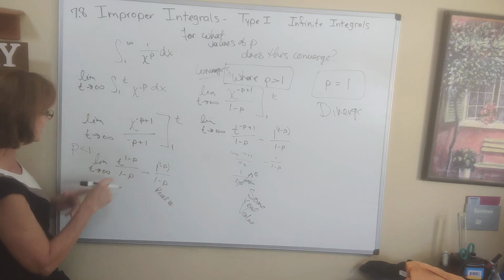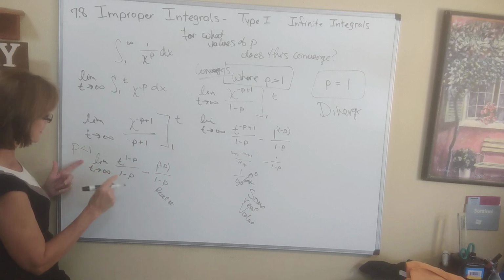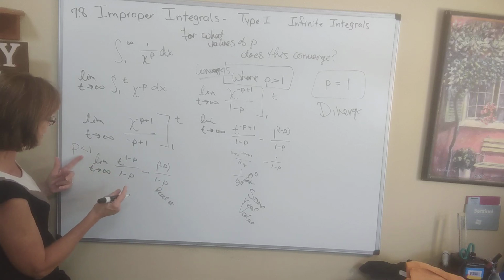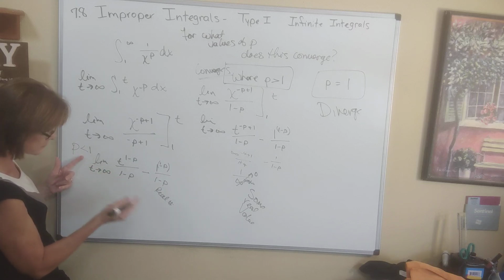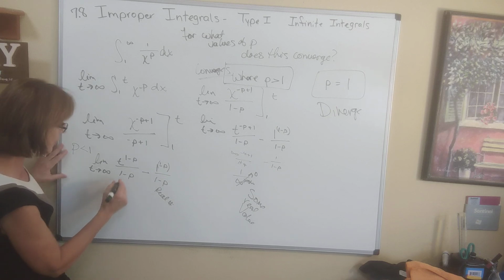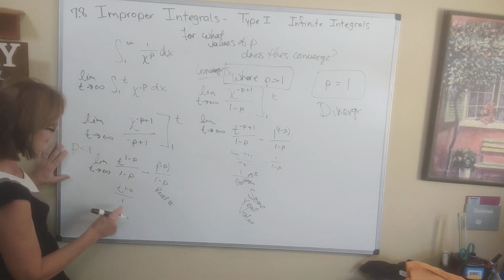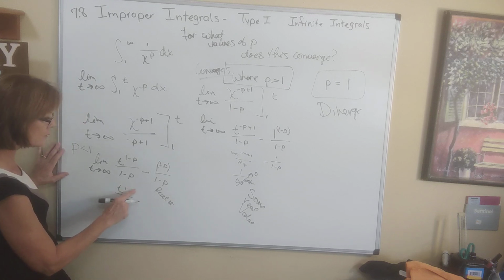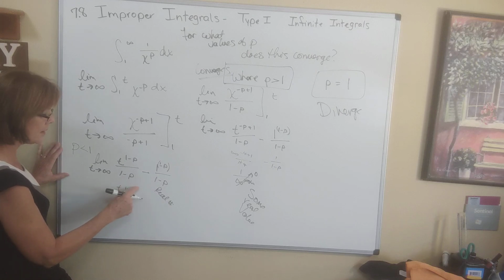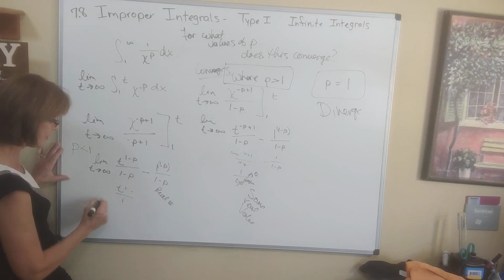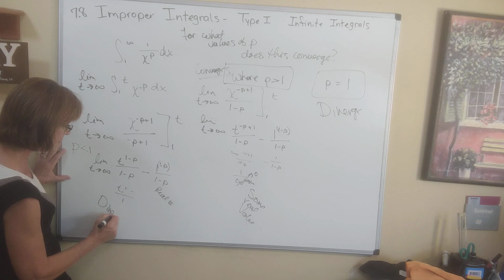If p is less than 1, let's pick something like 0. We're going to get t to the 1 minus 0 over 1. That's fine, but t to the 1 would be infinity to the 1, and so that would be divergent. So in this case, it diverges.